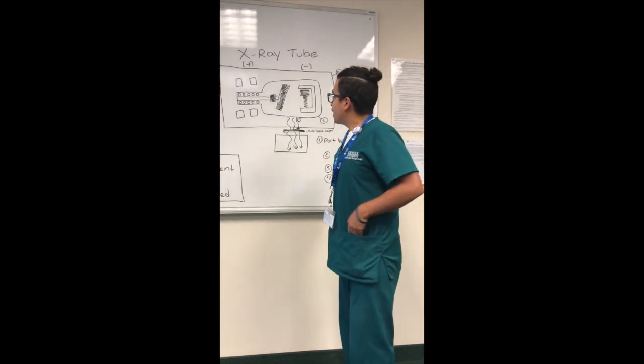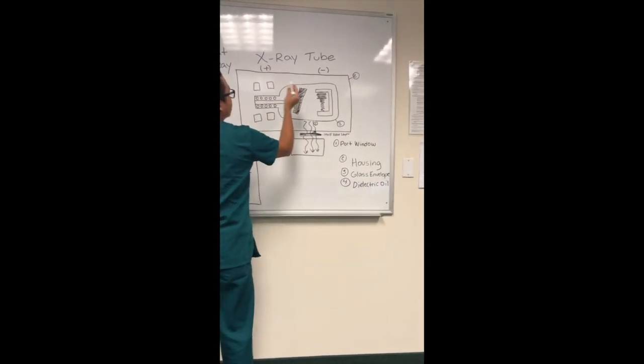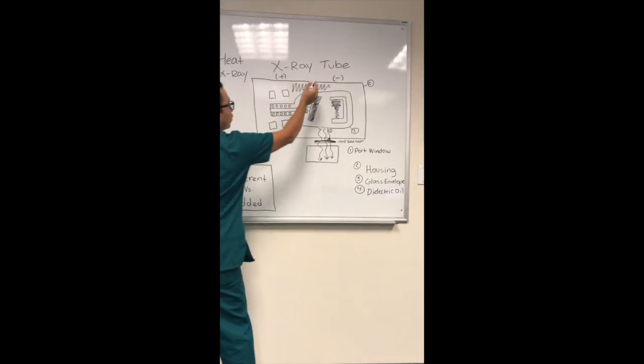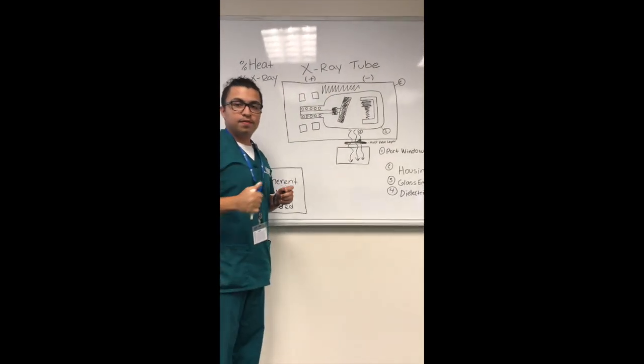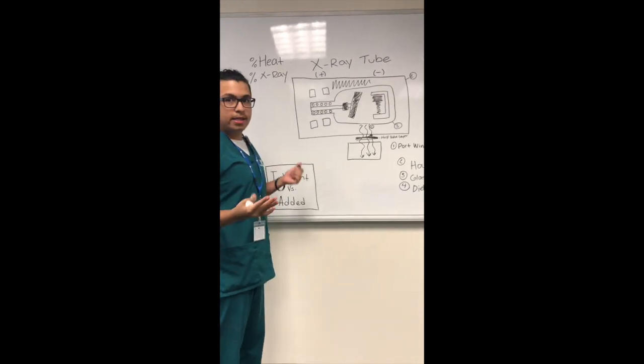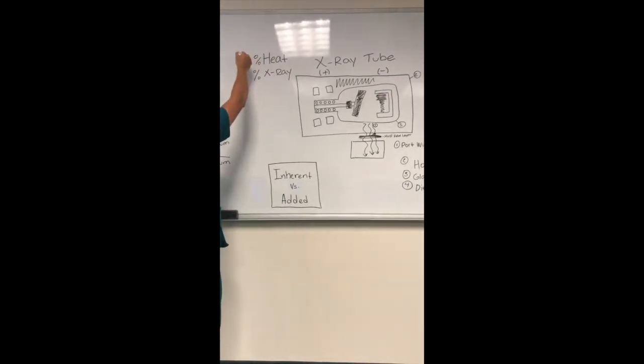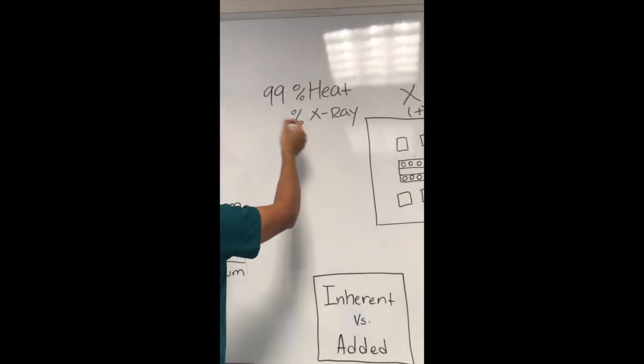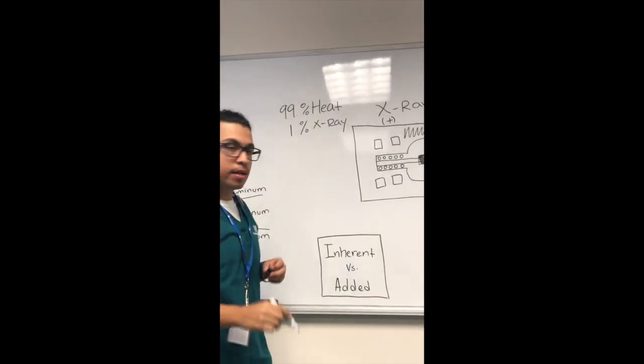And 4, we have the dielectric oil, which is located between the housing and the glass envelope. This also provides filtration, but it absorbs a lot of heat. And as we know, inside the X-ray tube, the output is 99% heat and actually only 1% X-ray.